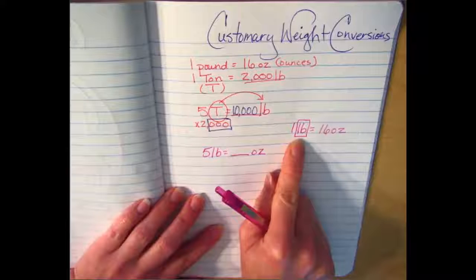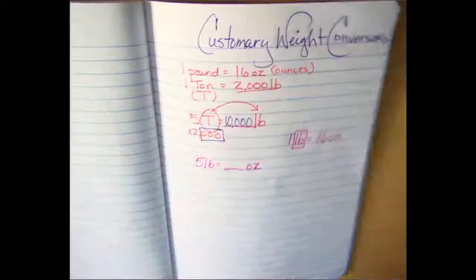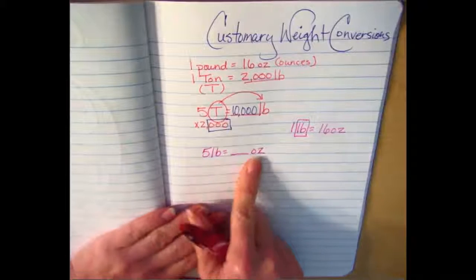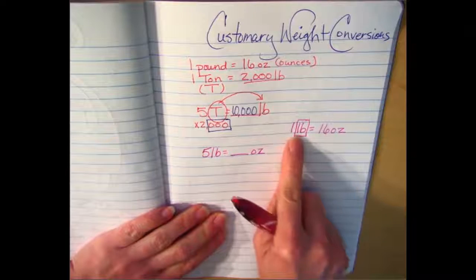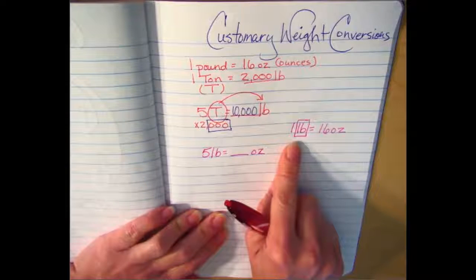Never heard that before. Isn't that brilliant? It's nice when you don't have to go to your chart. So I'm going pounds to ounces now. LB 16. Just remember that. I'll never forget it. That's brilliant. Okay?